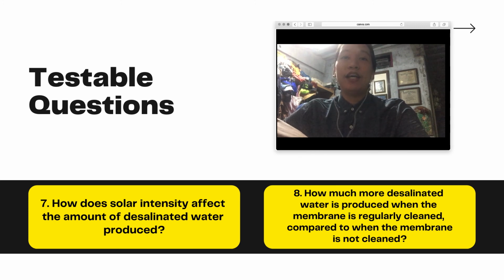This would address the objective that aimed to determine the effect of solar intensity on the amount of desalinated water produced. And lastly, how much more desalinated water is produced when the membrane is regularly cleaned, compared to when the membrane is not cleaned? This would address the objective that aimed to determine the performance of the membrane over time of use. And that is all.